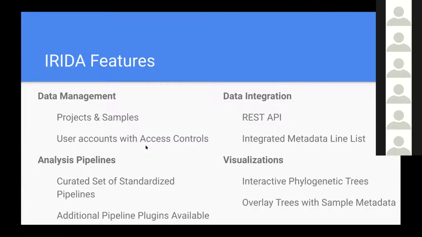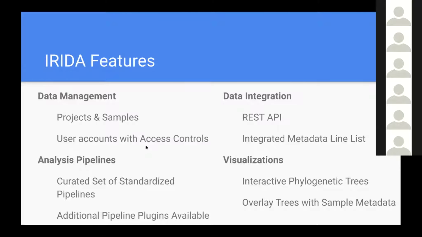This is really useful for long-running investigations, surveillance projects, where you might be accumulating samples over the course of months or years, and you want a persistent place to consistently store your samples, and you always know where to go. You can just open up a web browser and see your list of samples.